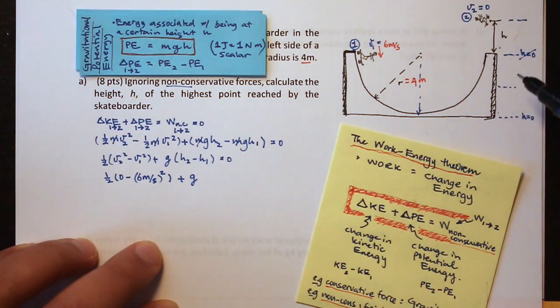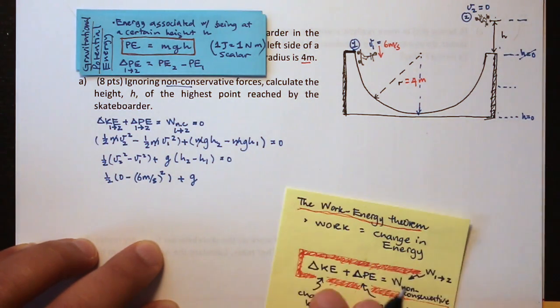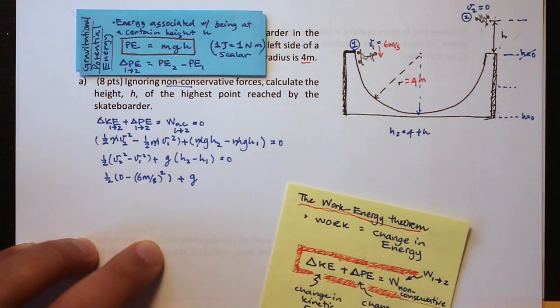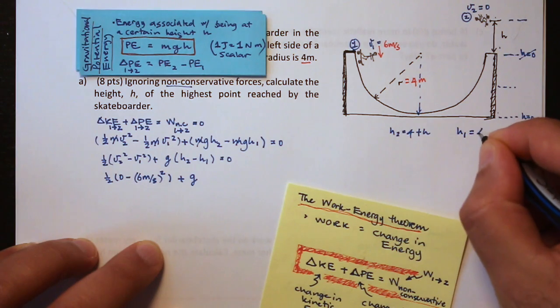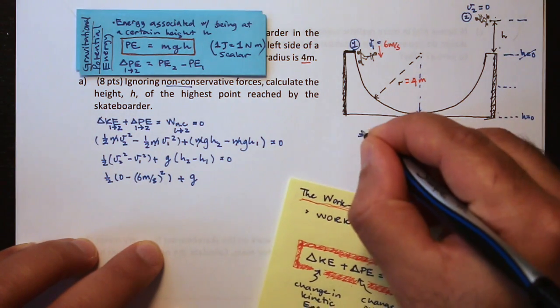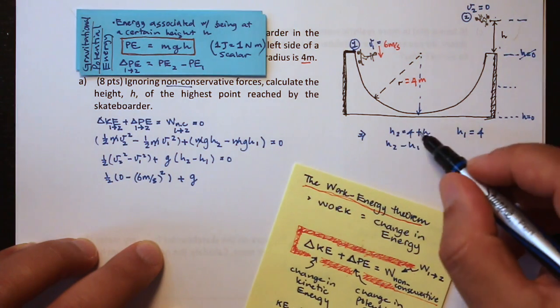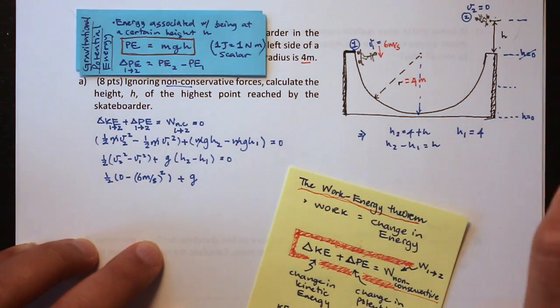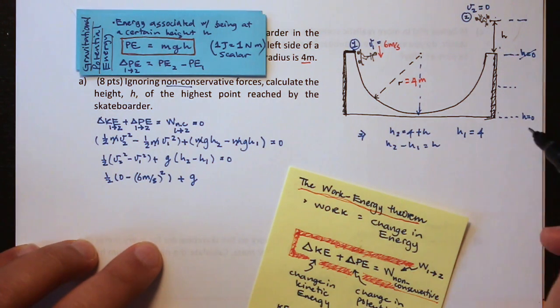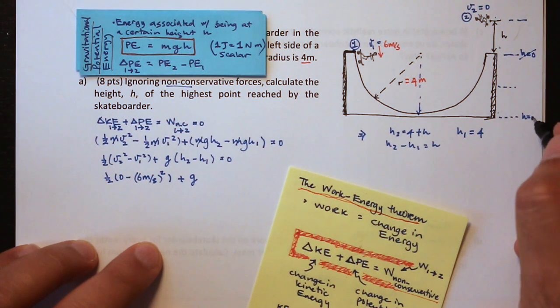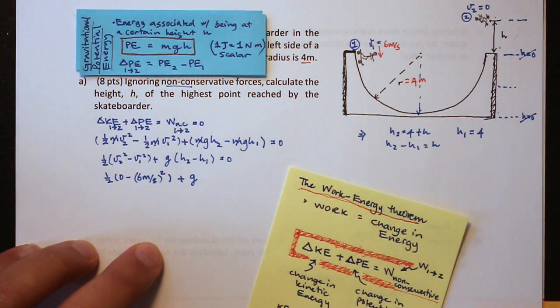So that's 4 meters, and my h2 would be the 4 meters plus h. So h2 minus h1 is h. So whether I choose my h equals 0 here or here, I get that the difference between h2 and h1 is equal to h. So in fact, it doesn't matter where I choose h equals 0.